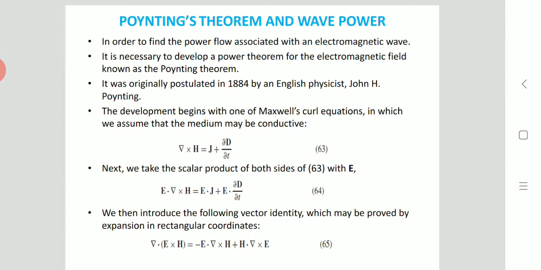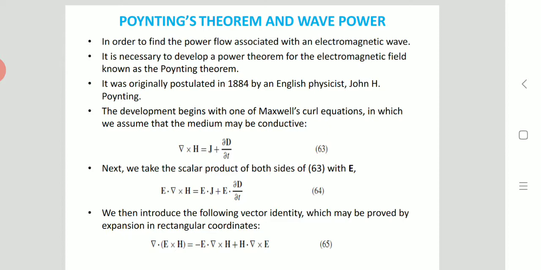Now the development begins with one of the Maxwell curl equations, in which we assume that the medium may be conductive. Therefore del cross H is equal to J plus dou D by dou T, equation number 63.